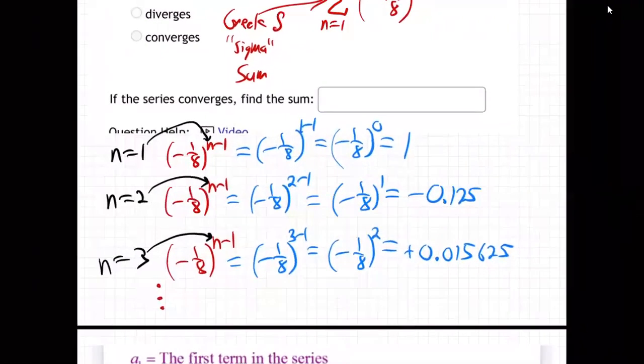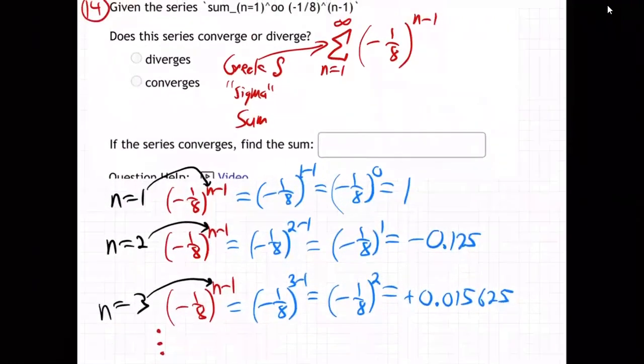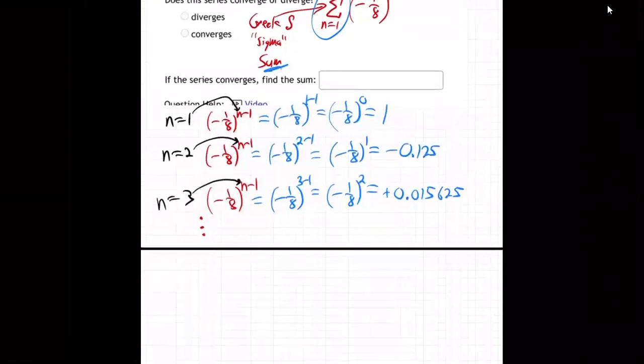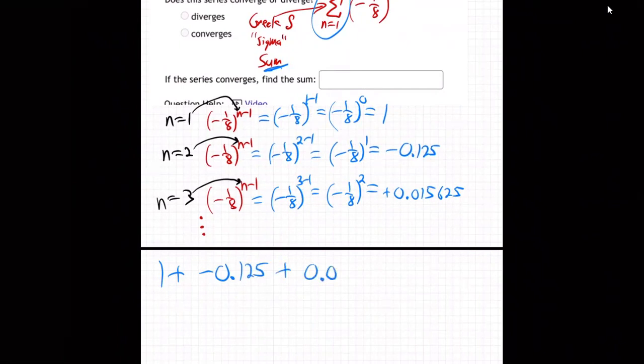So that's what's going on here. They're wanting us to add these up. Remember, this is a Greek S for sum. So basically this means it's 1 plus negative 0.125 plus 0.015625 plus, on it goes.